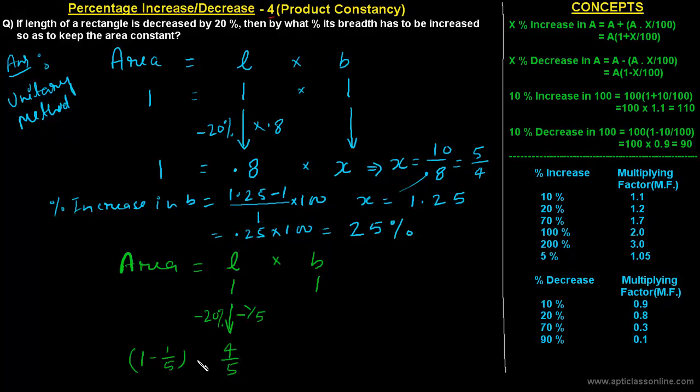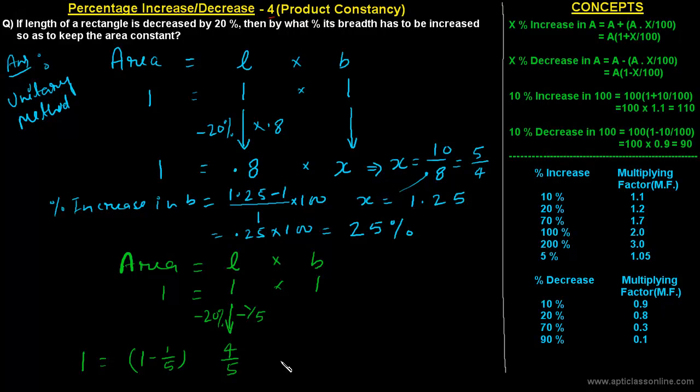So initially the area was 1 because both length and breadth has to be assumed as 1. Finally also the area will be 1 because the product of length and breadth has to be constant. So if 4/5 has to be multiplied with a new value of b, the product of these two should get 1.